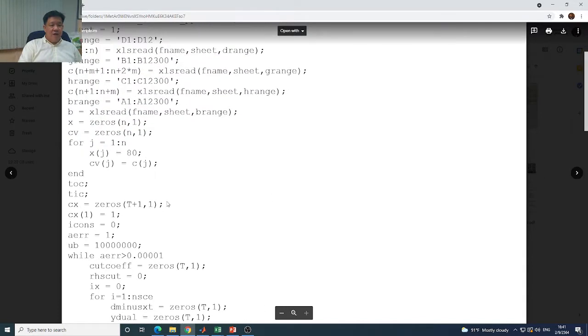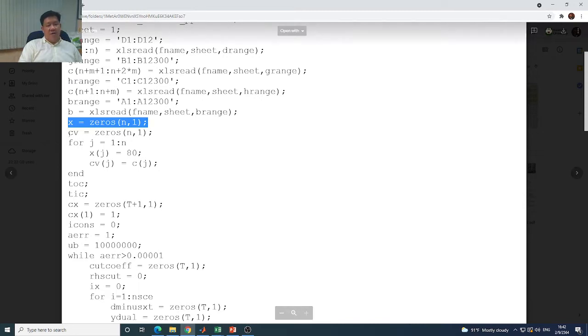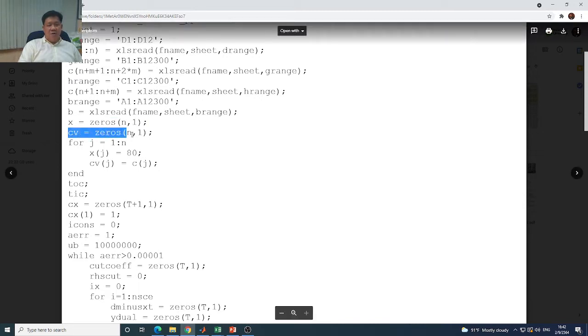So here we have what we call the space for the first stage decision variable: how much you're going to produce or order at period i equal 1 to n. And CV is the production cost for each period. We identify CV as the first n elements of CJ.